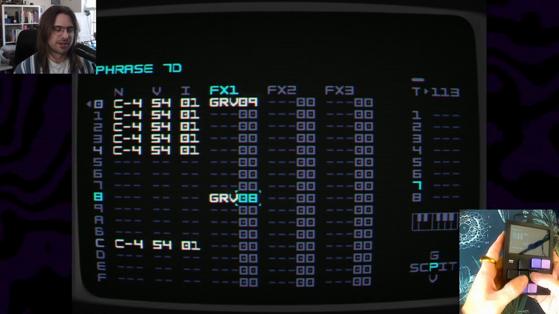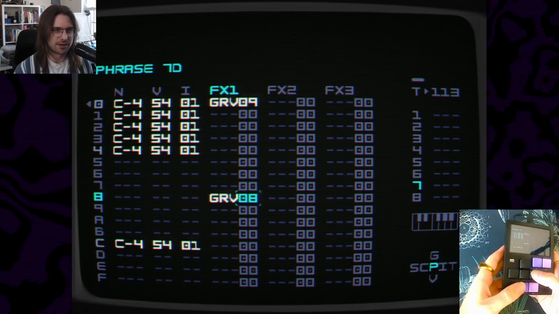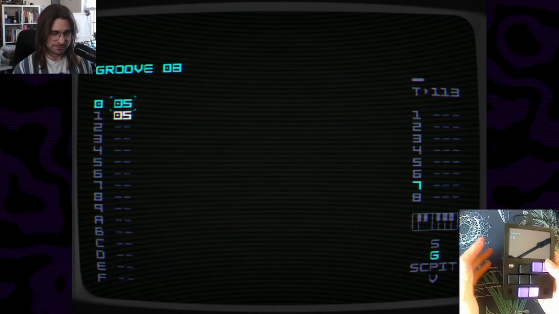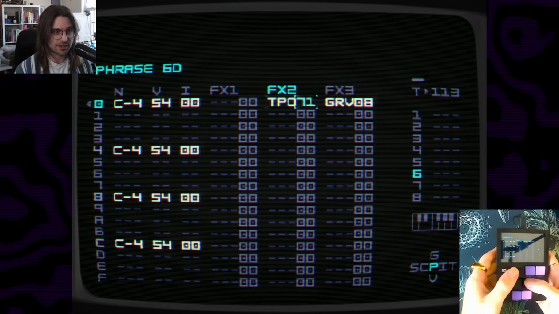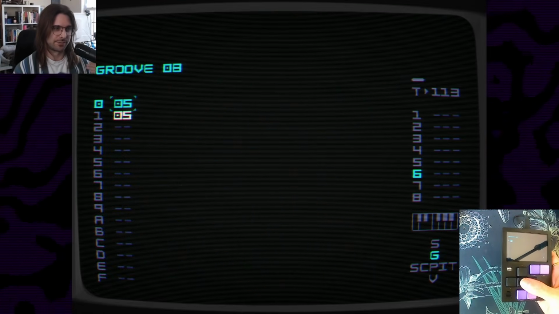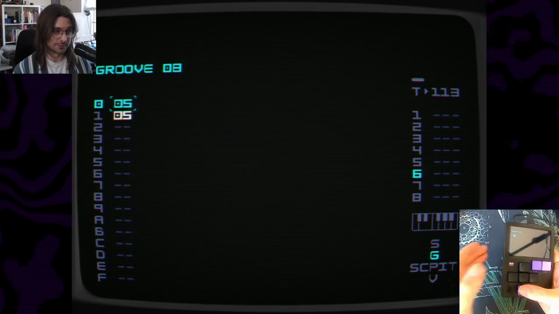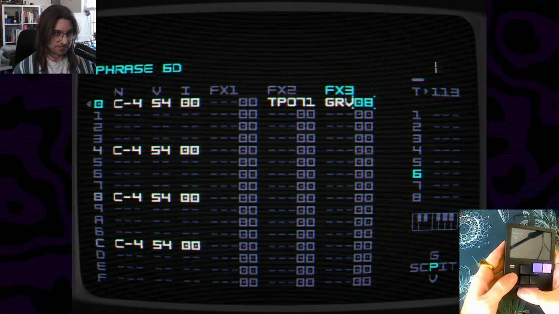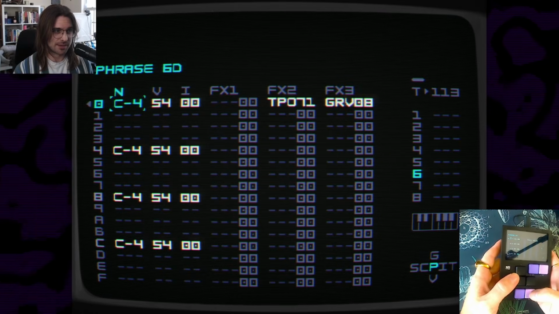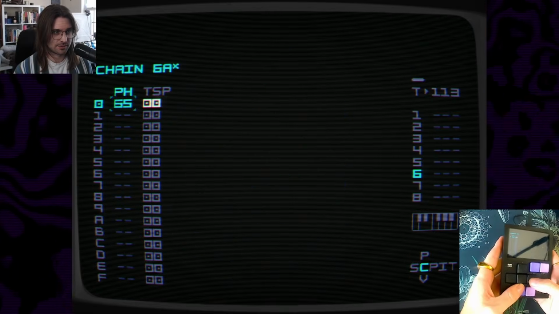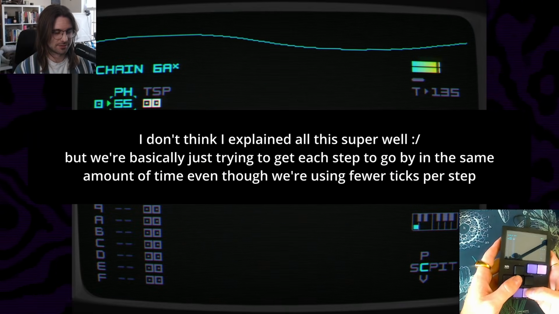But then, because we've changed the length of our steps, which you can see I have here, groove 08, where each step is going to be 5 ticks long. And this is functionally the same as this.